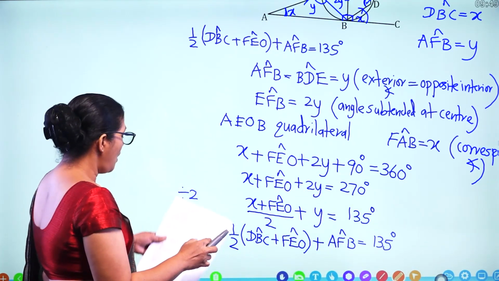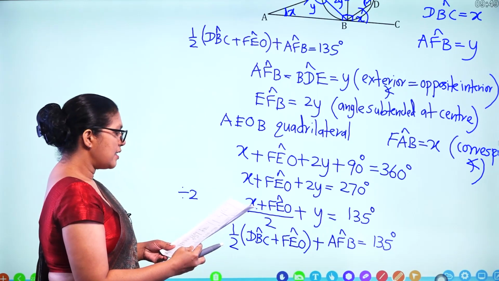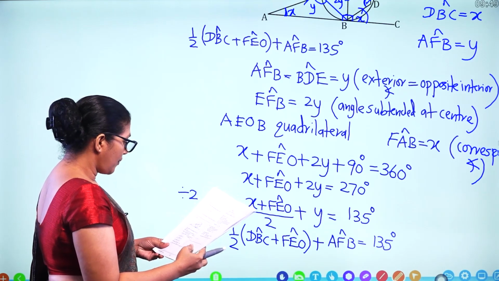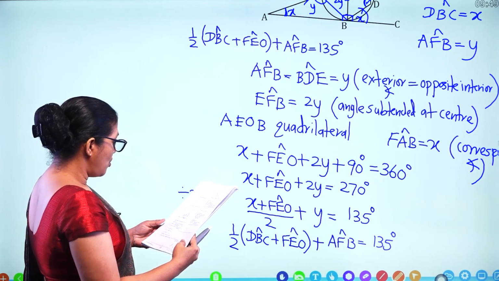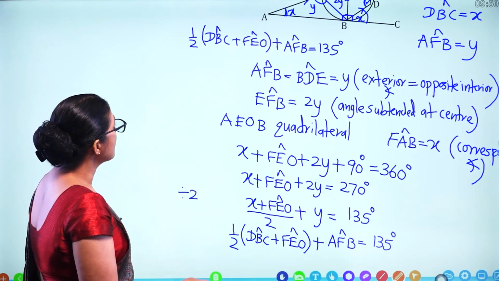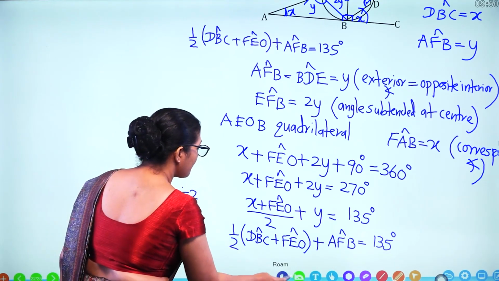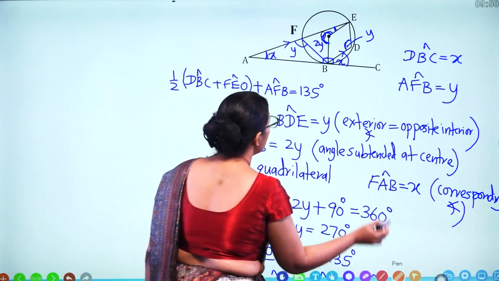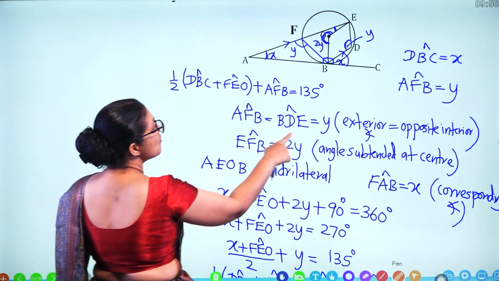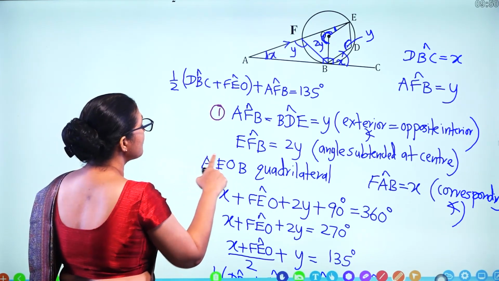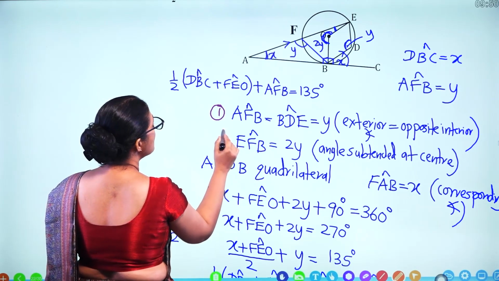So how many marks? You are getting all 10 marks for this. So how do you divide the 10 marks? For each step we'll give marks. So this is Y exterior opposite, we'll give 1 mark. And this is double, as this, 1 mark.